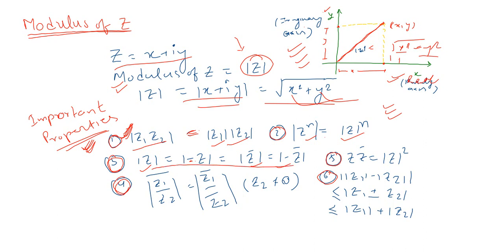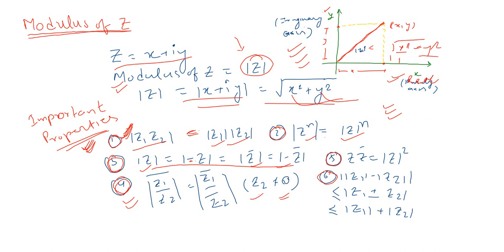The fourth property is similar. Mod of z1 divided by z2 will be equal to mod of z1 divided by mod of z2, provided z2 is not equal to 0. This is a very important property.